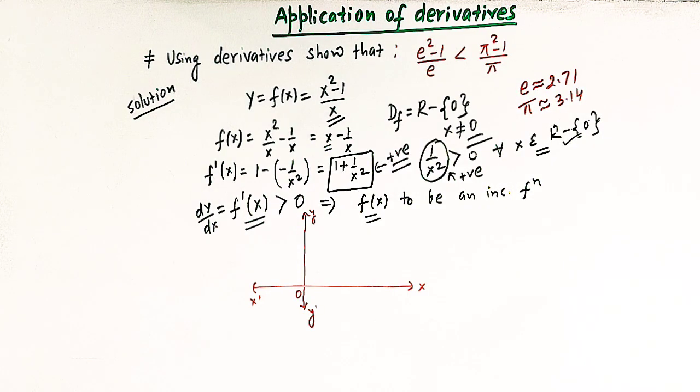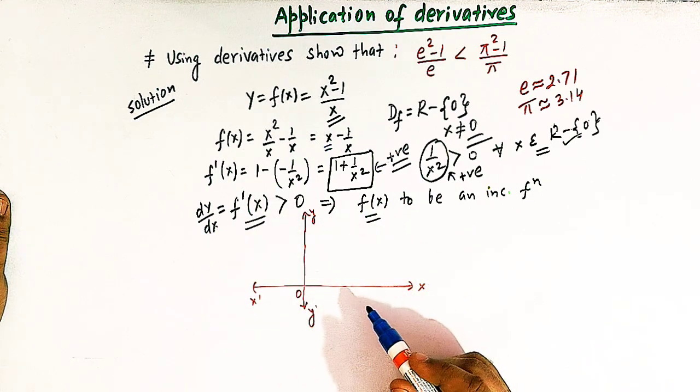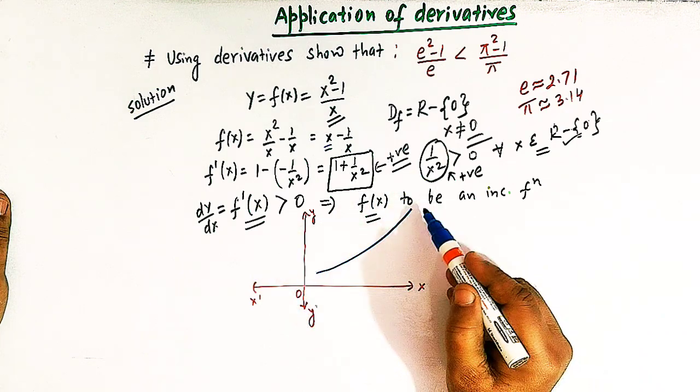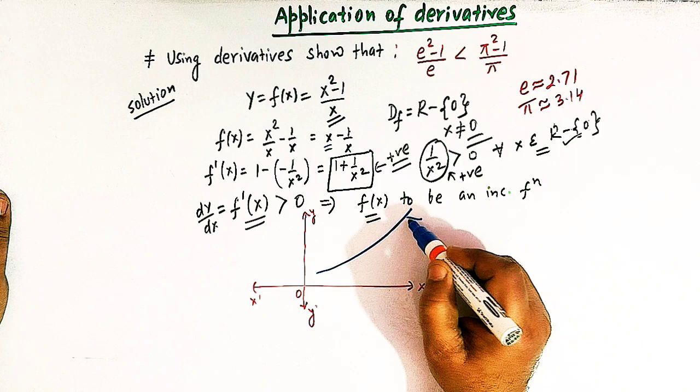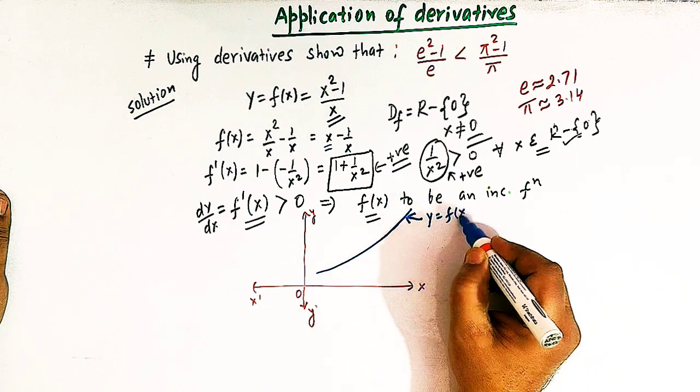Now let us quickly see the concept of a strictly increasing function with the help of this graph. Let us consider an increasing function like this, say y equal to f of x.